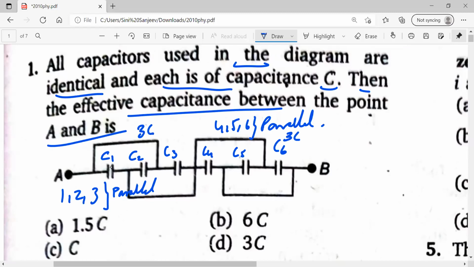Yes, so I can directly mark the answer as 1.5C. Or else we can do it with the series formula: 3C into 3C by 3C plus 3C. That is nothing but R1 R2 by R1 plus R2, just like our resistors formula. Correct. So obviously I'll get 1.5C if I do this mathematical calculation.